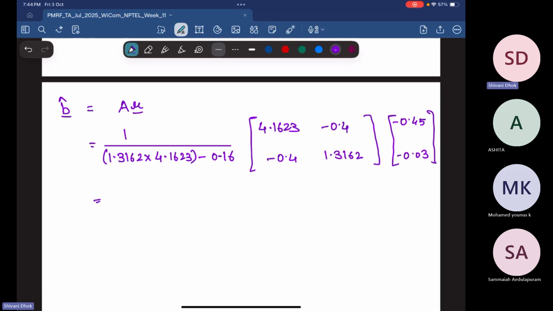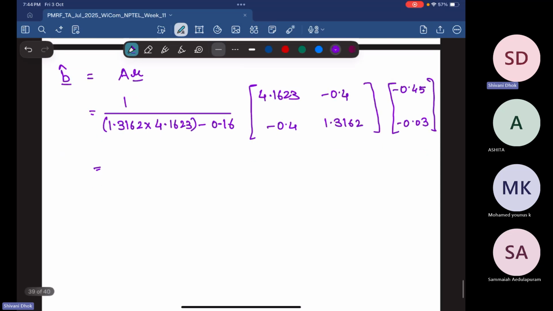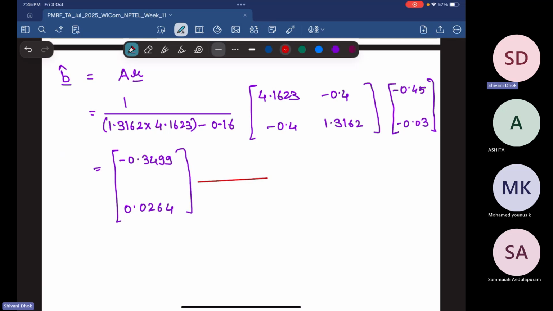If you simplify, this comes out to be minus 0.3499 and 0.0264. Again, if we repeat the same quantization, you get your B hat as minus 1, 1.